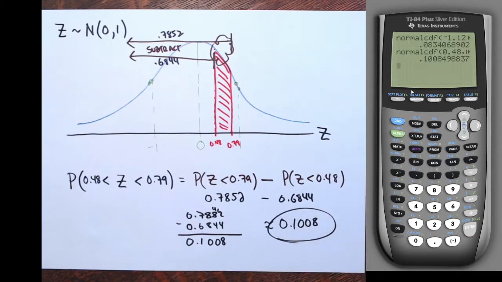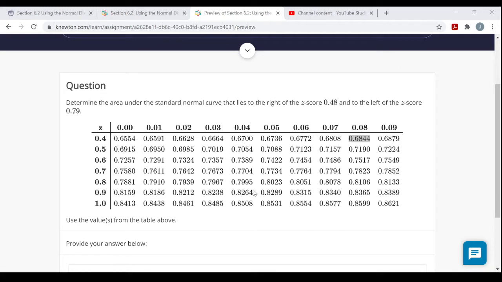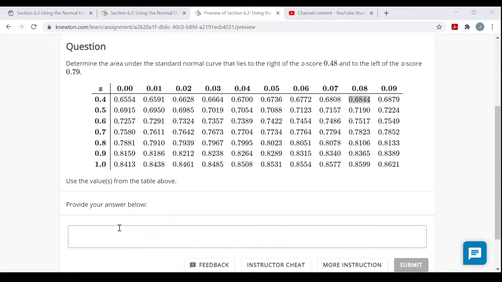Okay, now if for some reason it rounds, you might be off in the last decimal place when you use the calculator, because all the values on this table are rounded values. They're rounded to the fourth decimal place, to the nearest 10,000th. So if you're off in the last decimal place, the calculator will mark you wrong here.